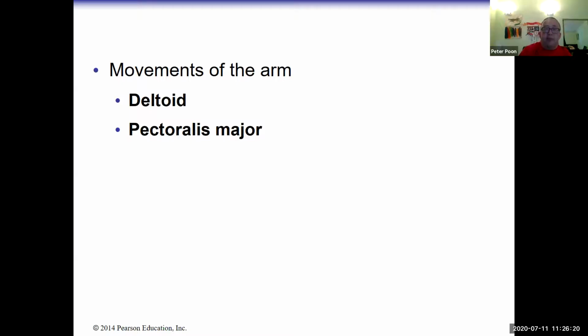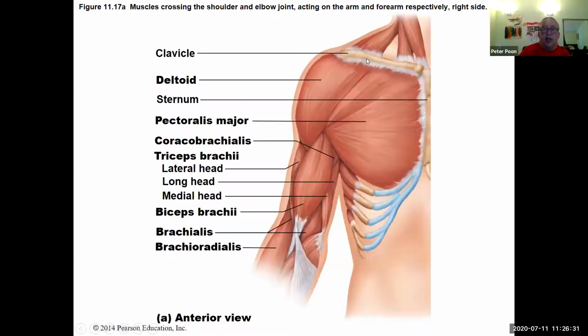All right, the major movements of the arm. The deltoid and the pectoralis major. The deltoid allows you to abduct your arm.